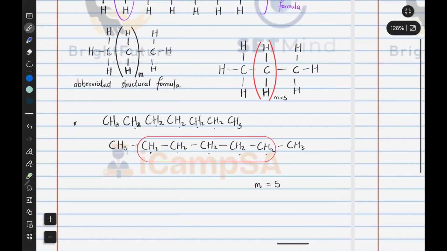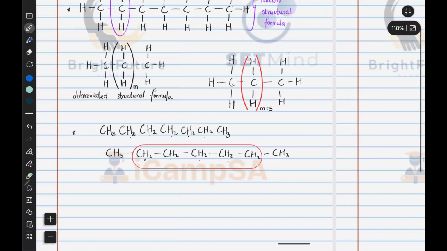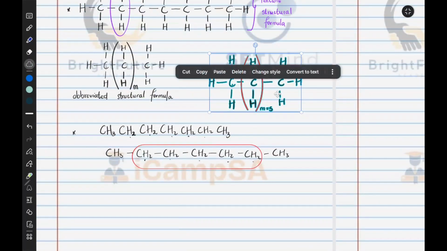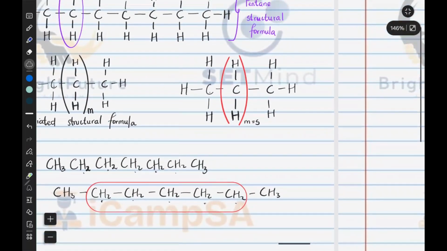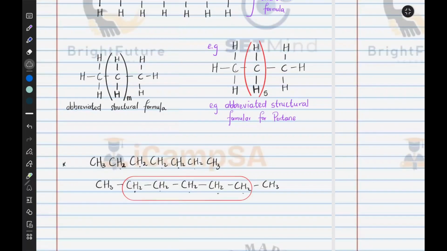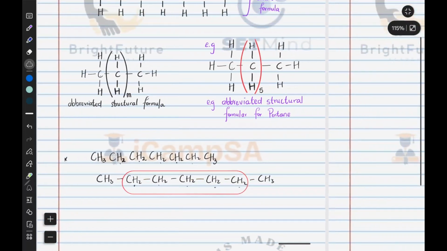So for a condensed structural formula, what we normally say is, okay, so this would be our example for that M will be 5. We'll call this an abbreviated structural formula for pentane. Okay, so that's the abbreviated structural formula for pentane, right?